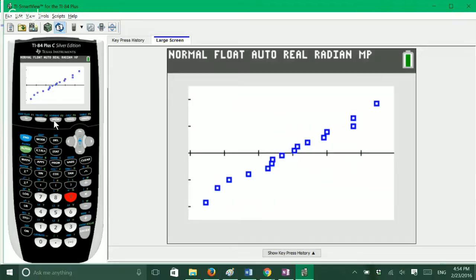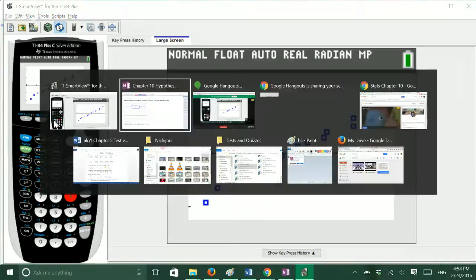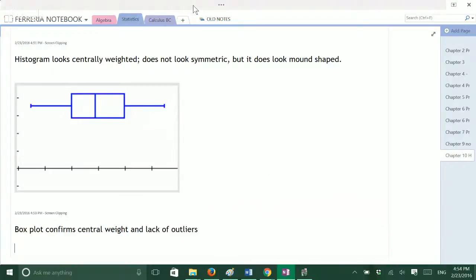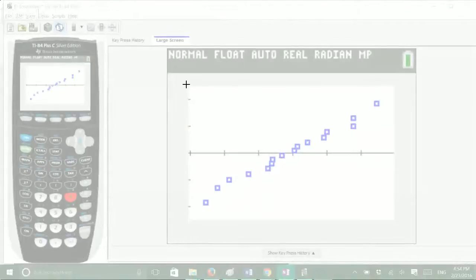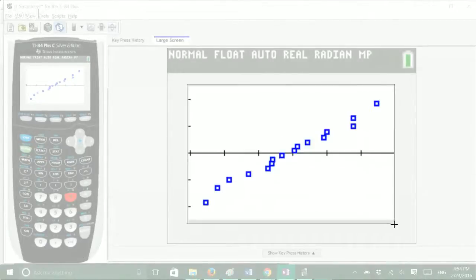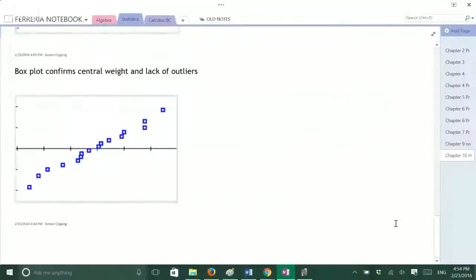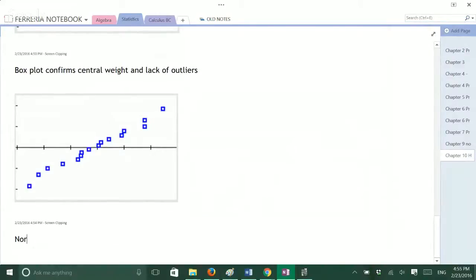So this looks approximately linear, and you should feel safe using t-procedures with this data. This is a normal probability plot that looks approximately linear.